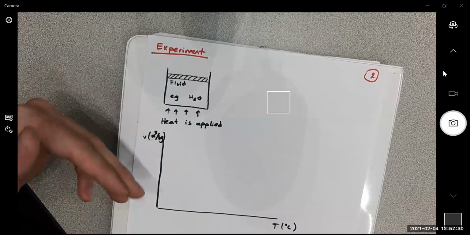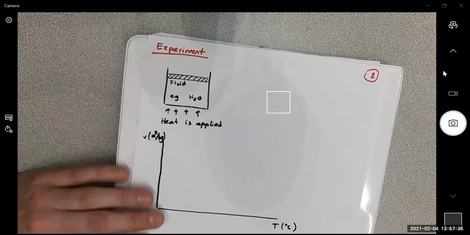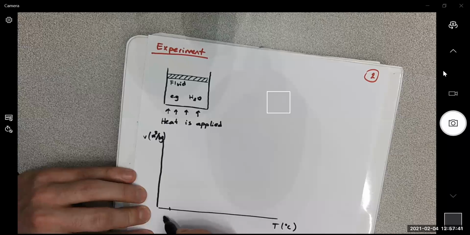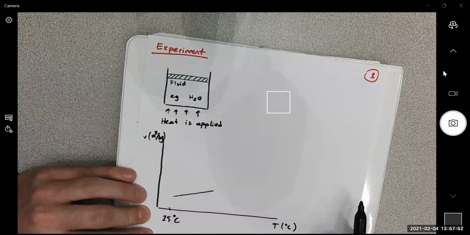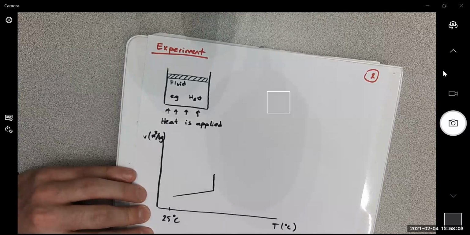The temperature increases while the piston rises, right? Let's say at 25 Celsius, room temperature, I increase temperature by applying heat. It increases, increases, increases. At the point where it needs to change phase, it starts boiling. What happens when I change the phase? Temperature stays constant.